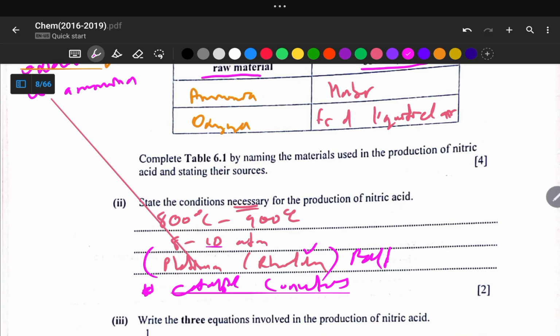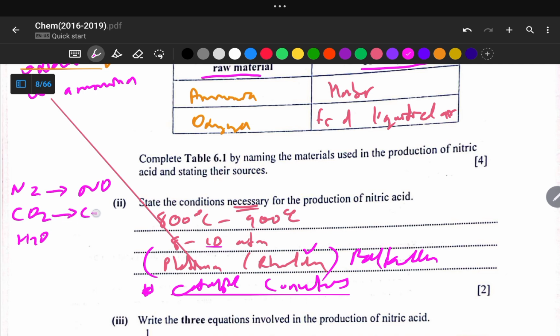The products are nitrogen, carbon dioxide, and water. Nitrogen is produced from the nitrogen oxides, carbon dioxide from carbon monoxide, and carbon dioxide and water also from unburnt hydrocarbons. These are the reactions in the catalytic converter. Are we together? You must know the catalytic converter by heart.